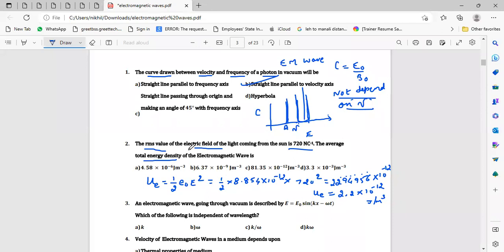Now you have to find the total energy density. You know the formula for C, which is nothing but E naught by B naught. Now E naught is nothing but C times B naught, or also you can say B naught is equal to E naught divided by C. So you can find the magnetic energy also by using the formula B naught squared divided by mu naught.